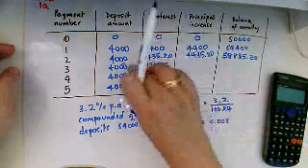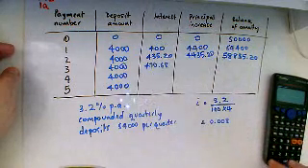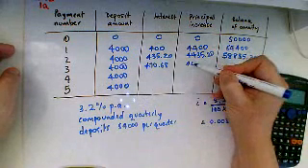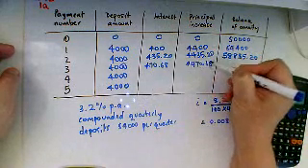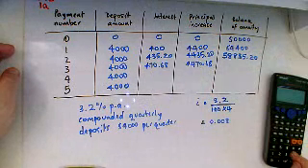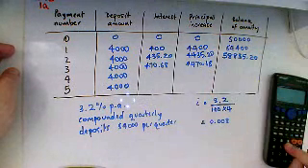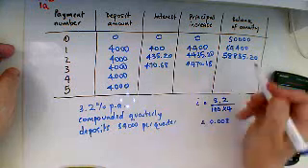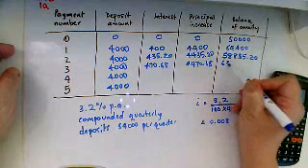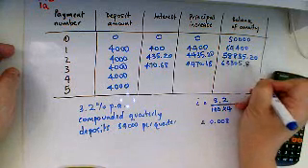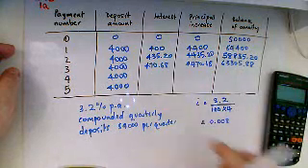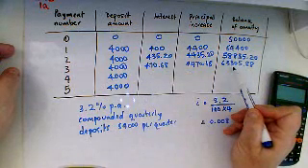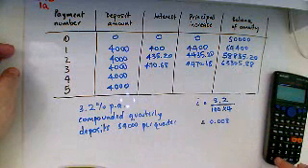We add the interest to the deposit amount, and we're now adding 4,470.68 to our previous balance here, 58,835.20, and it's going to be 63,305.88.